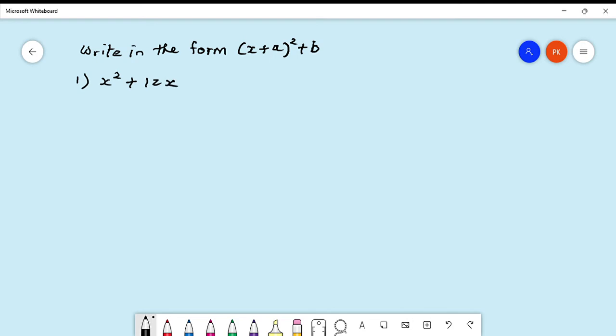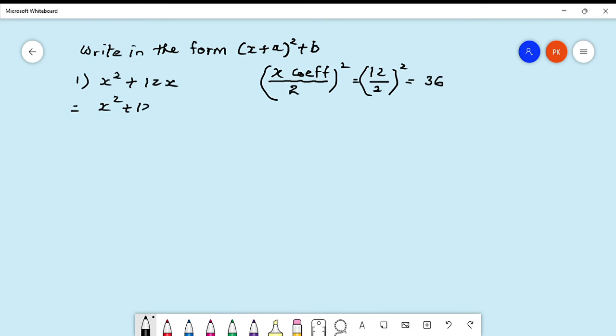So as I discussed just now, I will take the x coefficient, divided by 2 and square it. That will be 12 upon 2 the whole square. So 6 square, that is 36. So to make the complete square of this expression, I'll add 36 here. And since I'm adding 36, to balance, I'll subtract 36 outside the bracket.